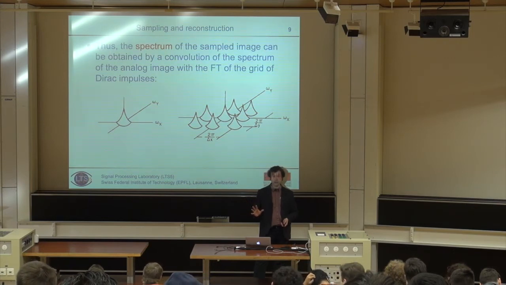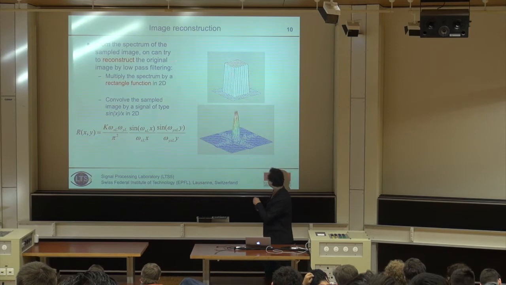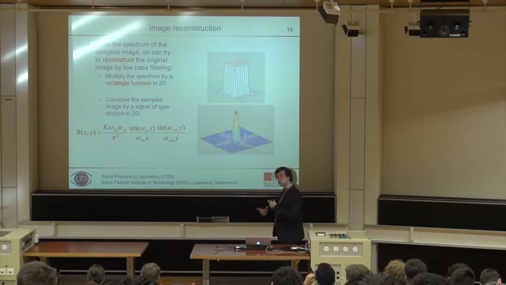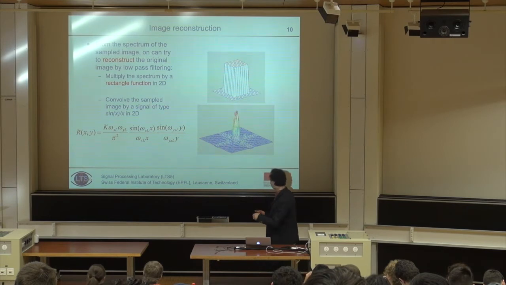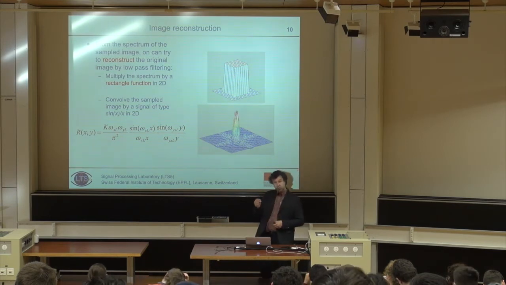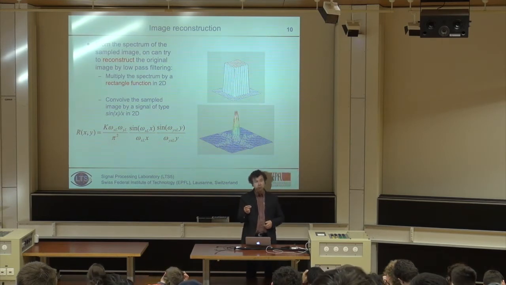It's exactly the same. So from your sampled image, you can, by doing a 2D low-pass filter at the right frequency, again, refer to Shannon's theorem, reconstruct the original image, the analog image.